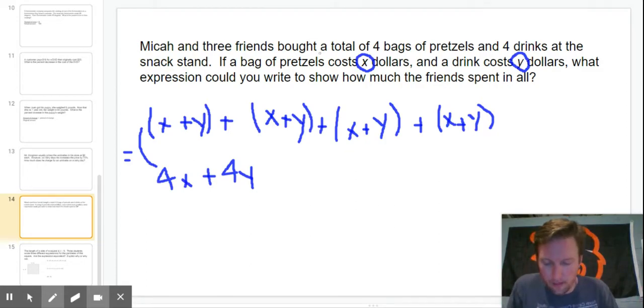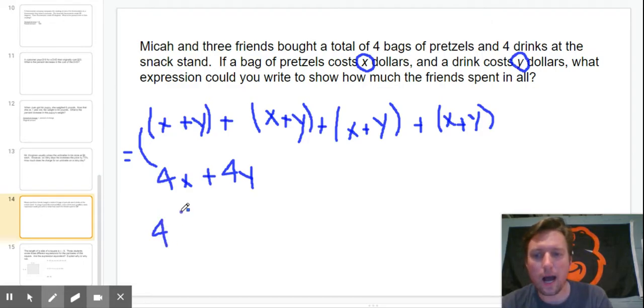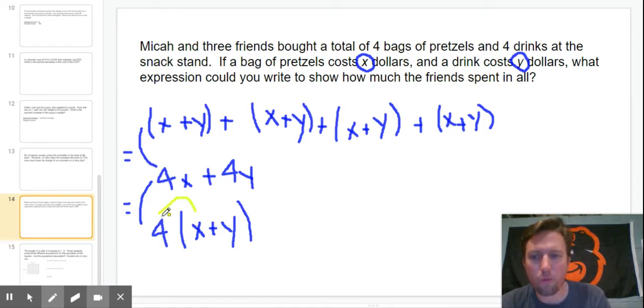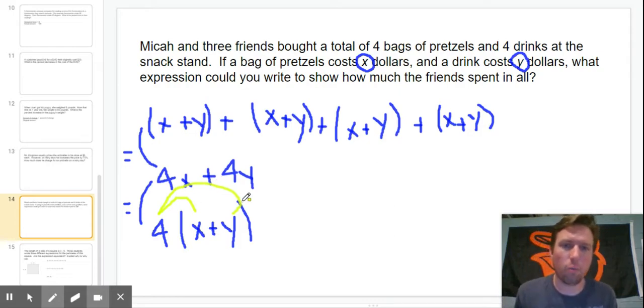Pretty nice person. So what you could do is say 4 times the cost of the bag of pretzels plus the cost of the drinks. Now, this expression is also equivalent or equal, because if you take the distributive property of multiplication and you multiply 4 times x, you get 4x, and you multiply 4 times y, you get 4y. So these expressions would be equal or equivalent.